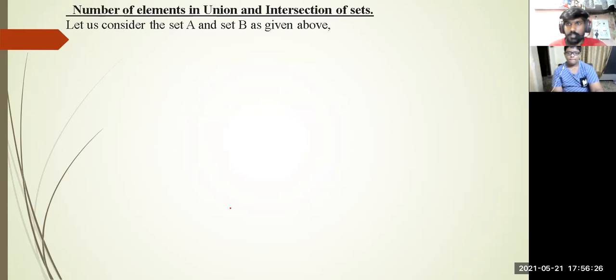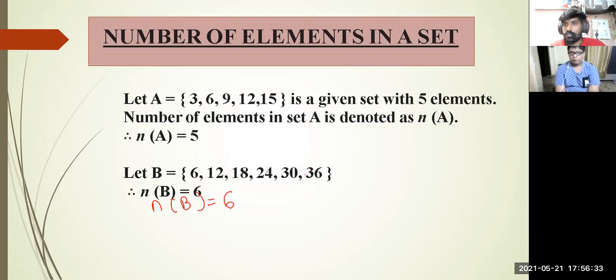This is a little lengthy concept, so we will keep it for our next class. So till today, we'll just do up to here. We have learned 3 new concepts. Intersection of 2 sets, that is common elements in both the sets. Then disjoint sets, those sets in which none of the elements are common.